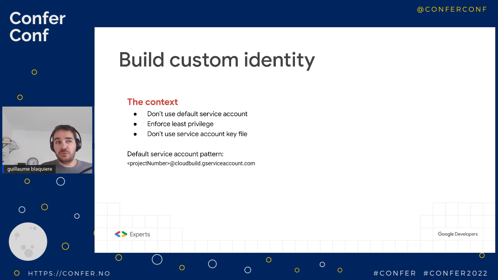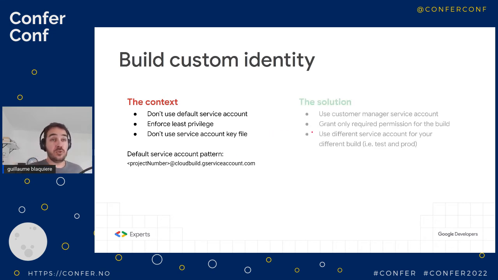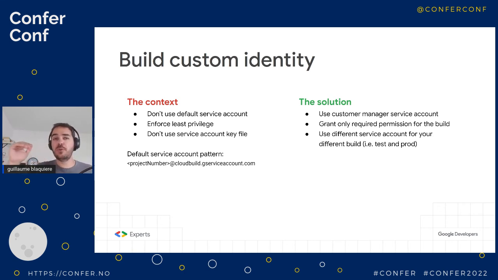To have something more secure and to have your own custom service account to use for production and for development pipelines, you can use customer managed service accounts and grant only the permission on each service account. That means for the production service account, you will only grant the permission to access the secrets for production, and same thing for the dev service account, you will grant it only the permission to access the dev secrets for the database.